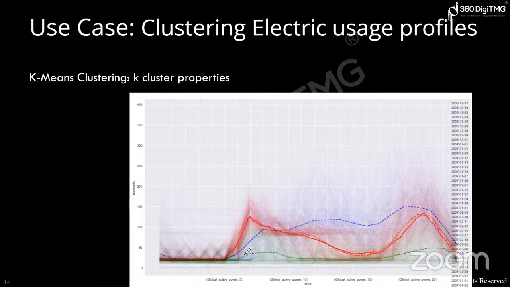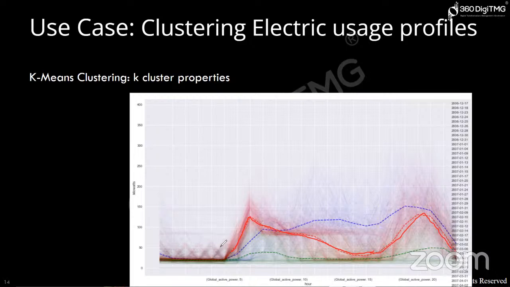Then we have the blue cluster, which has a higher peak than everyone else, maybe during the morning, and then we see a decline in usage for the rest of the period. This decline shows in the afternoon, and we see a peak again at night. So morning, then a decline, then a peak.